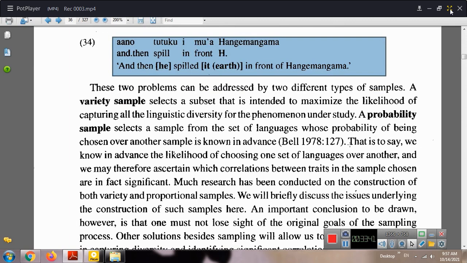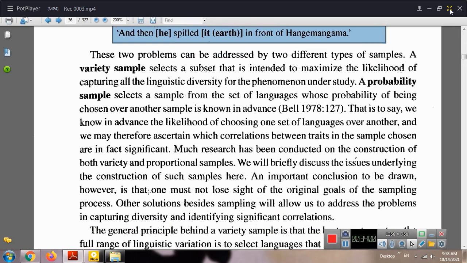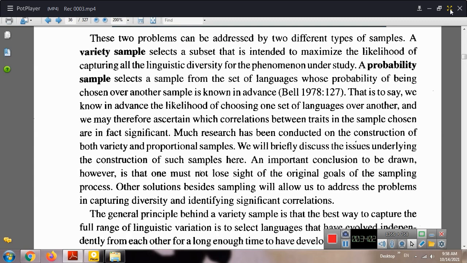That is to say, we know in advance the likelihood of choosing one set of languages over another, and we may therefore ascertain which correlations between traits in a sample chosen are in fact significant. Much research has been conducted on the construction of both variety and probability samples.